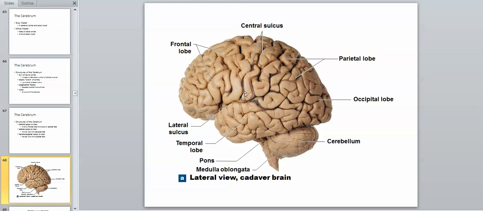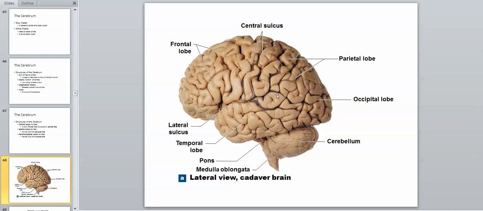And the same thing with the primary somatosensory cortex. If you stimulated a particular part of the somatosensory cortex in a particular place, that place would be specific to a location on the body. So you could make someone feel something on their arm by stimulating that representation, that part of the somatosensory cortex.